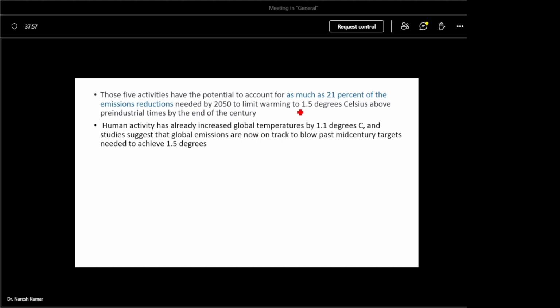And the target to limit global warming was earlier 2 degrees Celsius, now it is 1.5 degrees Celsius. The earlier models predicted that the temperature would go close to 2 degrees Celsius. But as the studies went on, they said we cannot afford even 2 degrees Celsius as the limit. Now the threshold is set at 1.5 degrees Celsius above pre-industrial times by the end of the century.